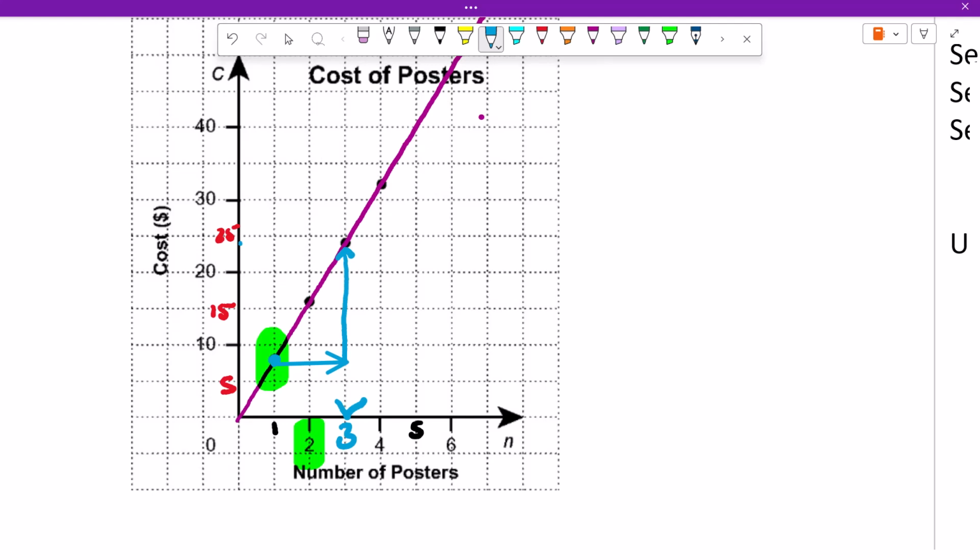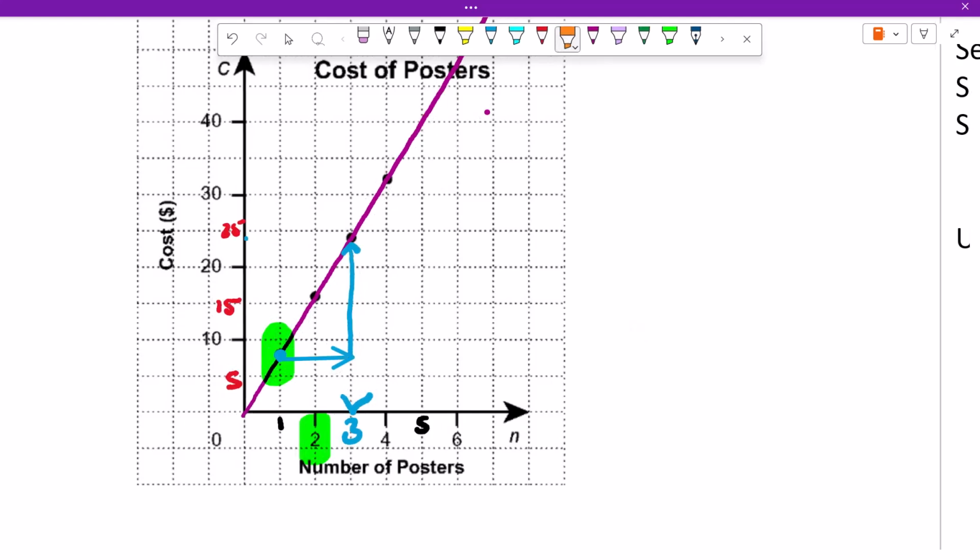So the first one starts at 1 and goes to 3, so that's a distance of 2, right? So I'm going to put the number 2 here. The other one starts here, which we said was 8, and it goes all the way up to, I think we said 24, right?